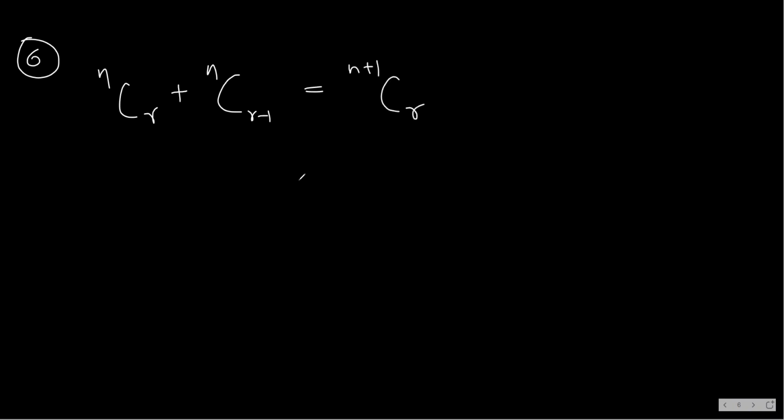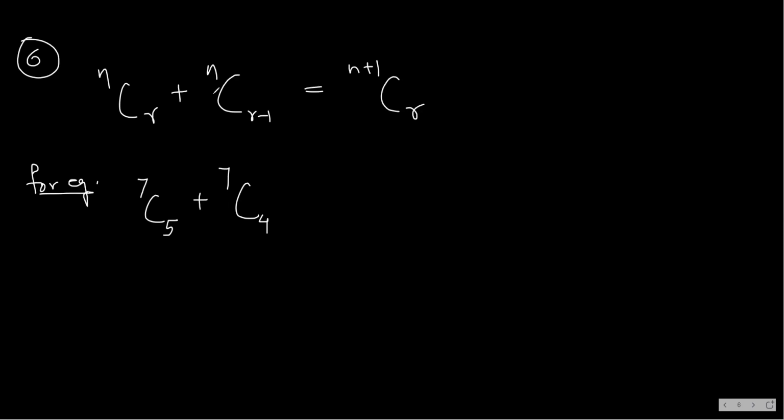Now we have a property of combination, that is property number 6 or result number 6. See here, nCr plus nC(r minus 1) is equal to (n plus 1)Cr. For example, suppose you have 7C5 plus 7C4.